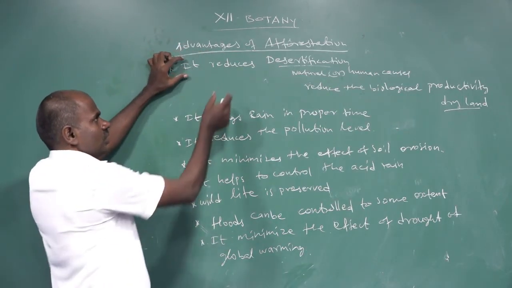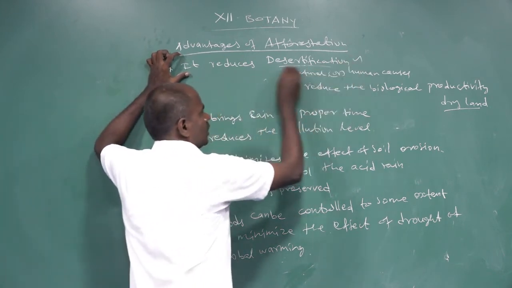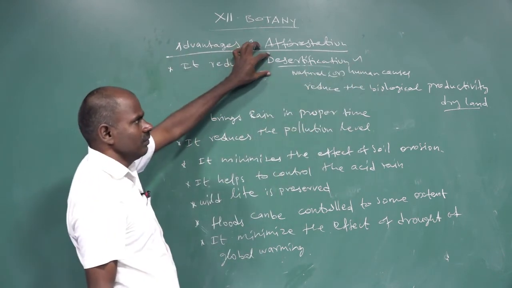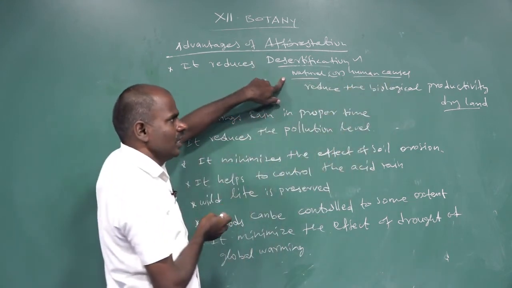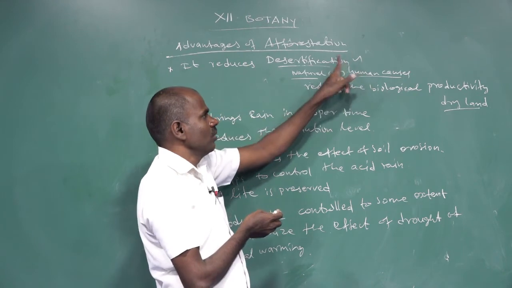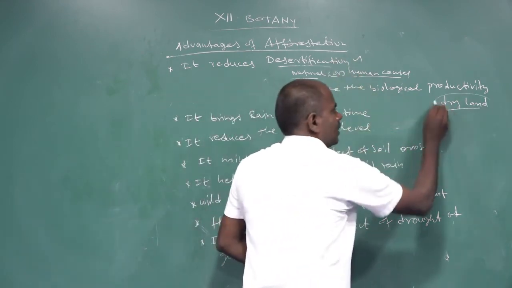So what are the advantages of afforestation? The first one is that it reduces desertification. What is desertification? Desertification is caused by natural and human causes, leading to the formation of dry land.